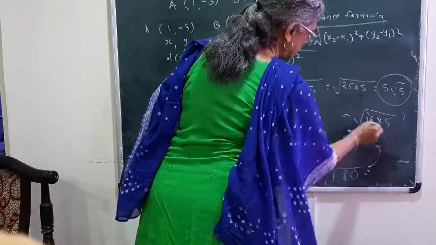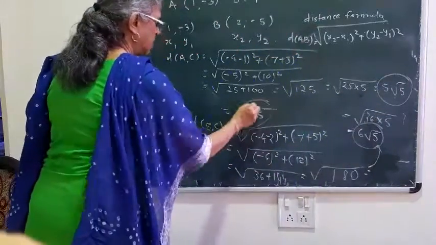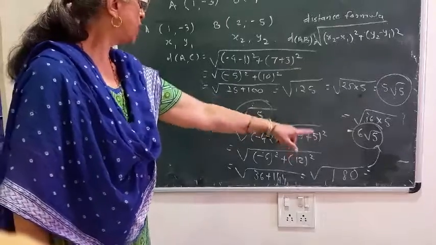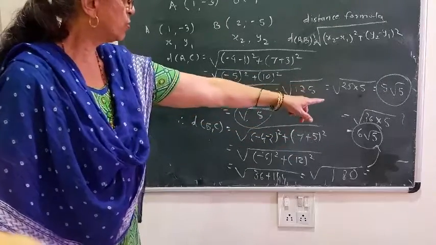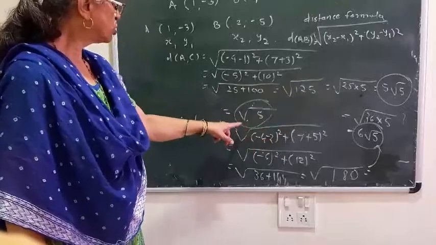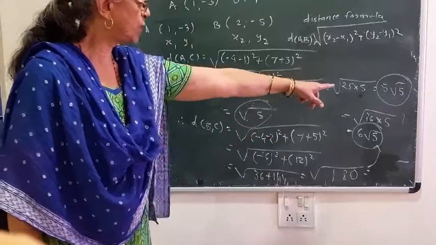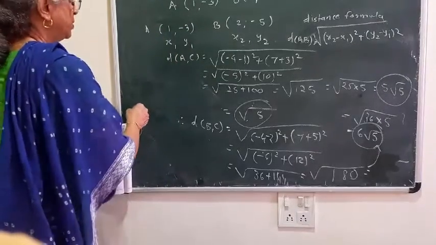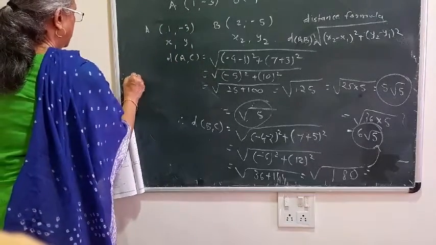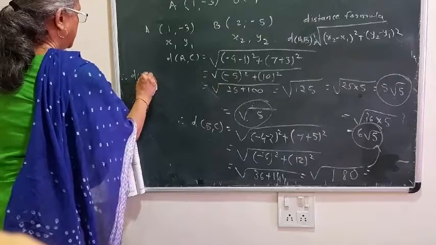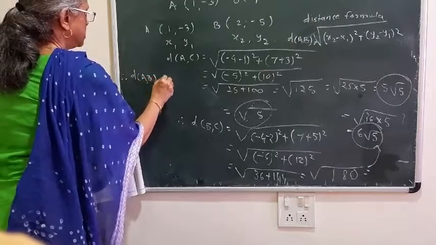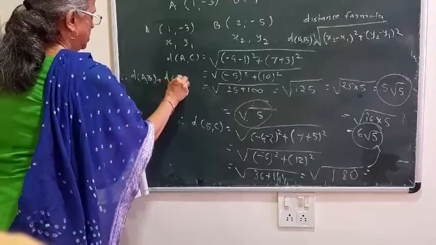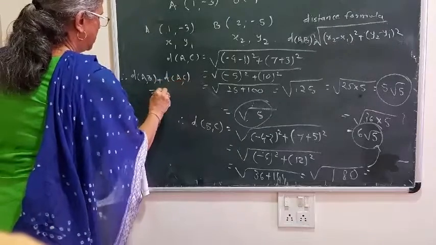So you have 3 answers: DAB root 5, DBC 6 root 5 and DAC 5 root 5. Which are the two smaller? Root 5 and 5 root 5 are small. So from them we can write DAB plus DAC is equal to DBC.